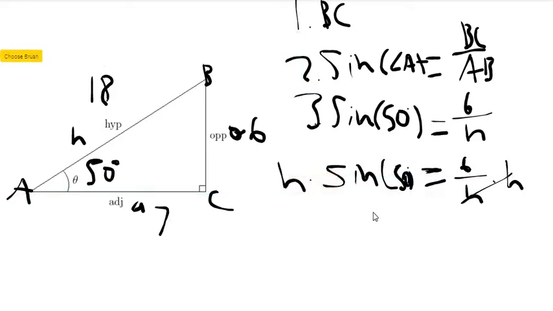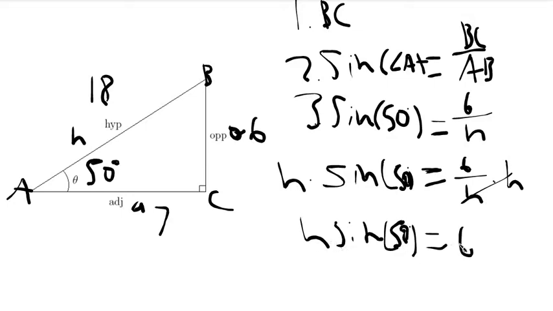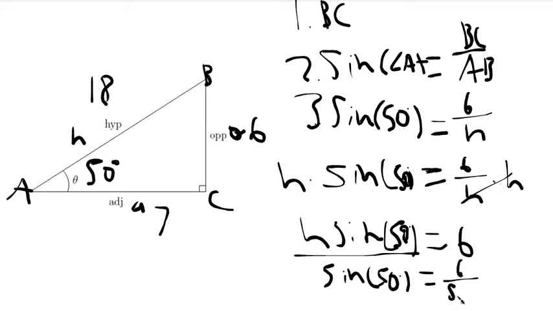So next step, if we have something like H times sine, we want to have H the only thing on one side. Why? So we can solve for the variable. So we divide both sides by sine of 50 degrees, because when you do something on one side, you have to do it on the other side.